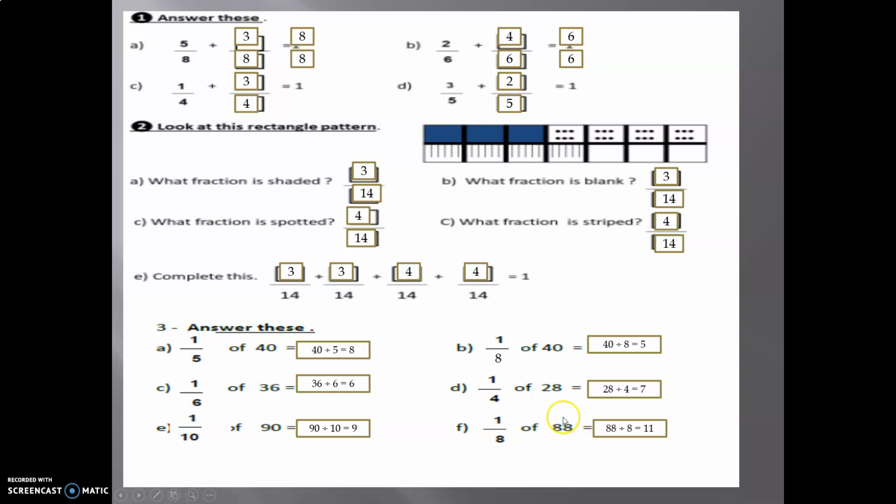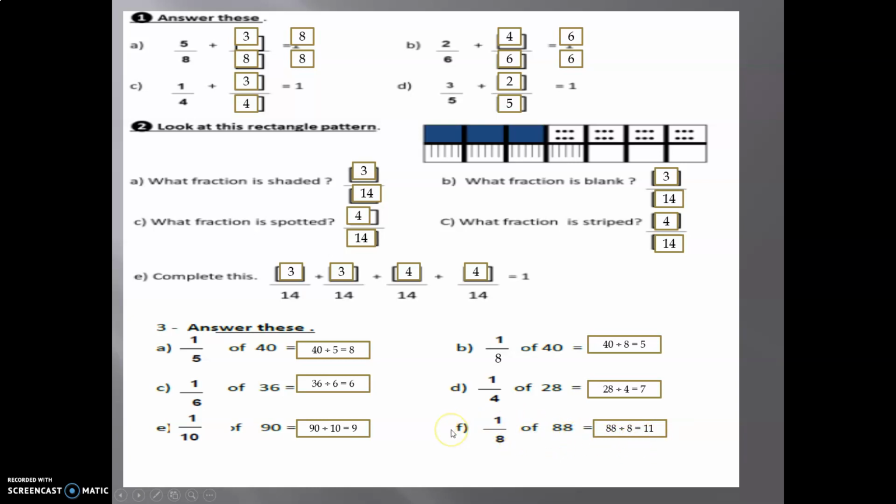I have to divide my 88 into 8 equal parts. So 88 divided by 8 equals how many in one part? 11. So 1/8 of 88 is 11.